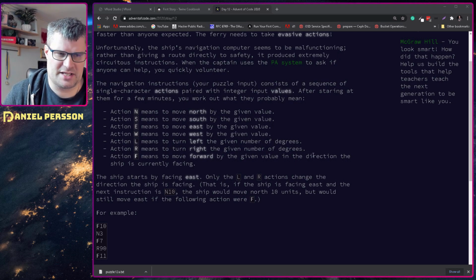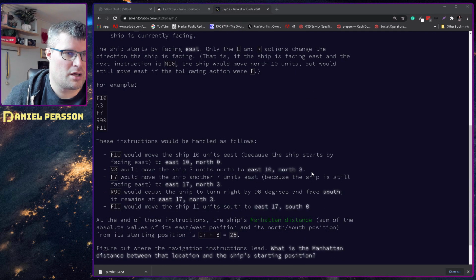The ship starts facing east. Only the left and right actions change the direction the ship is facing. That is, if the ship is facing east and the next instruction is north 10, the ship would move north 10 units, but would still move east if the following action were forward.